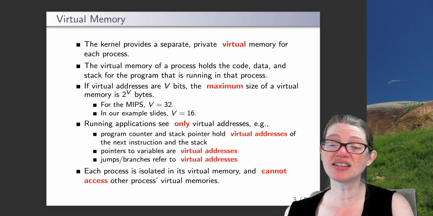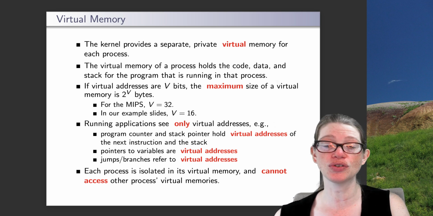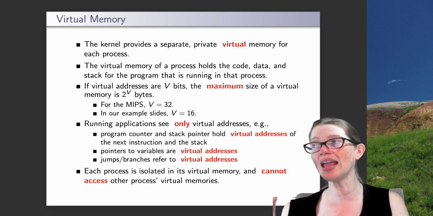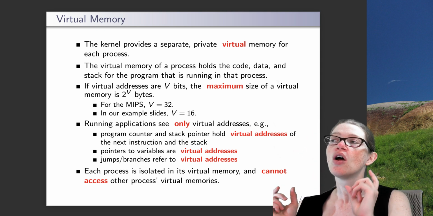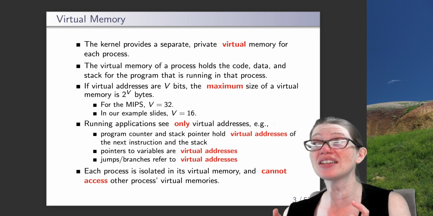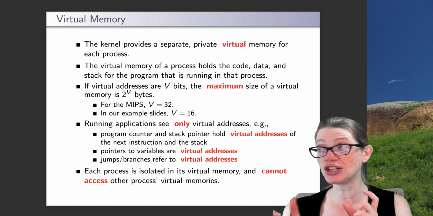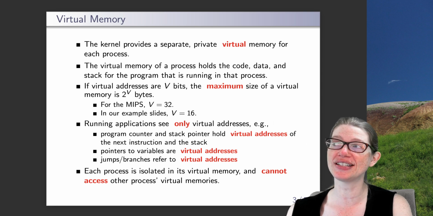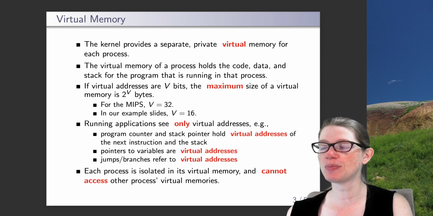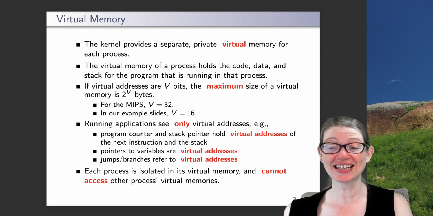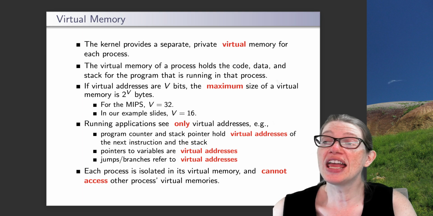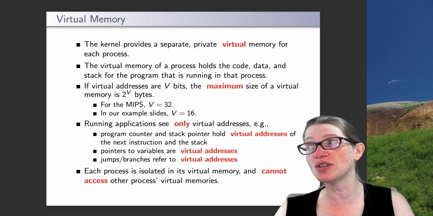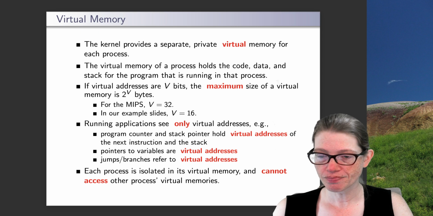And in our MIPS system, we've set V equal to 32. So it's the same number of bits for physical and virtual. This is quite common, actually. This is not unusual. However, in these slides, just to be different, we've decided that our virtual address space will only use 16 bits, which means our maximum address space size will be 64 kilobytes.